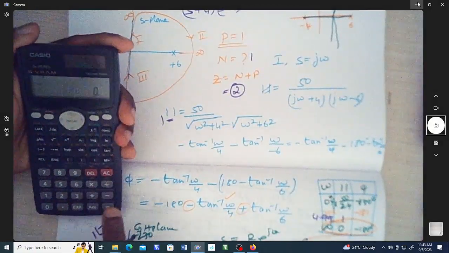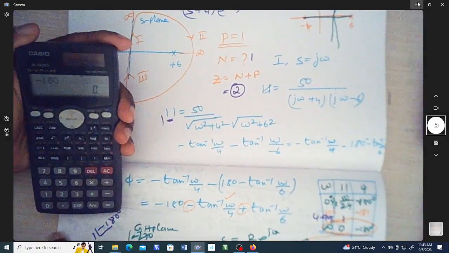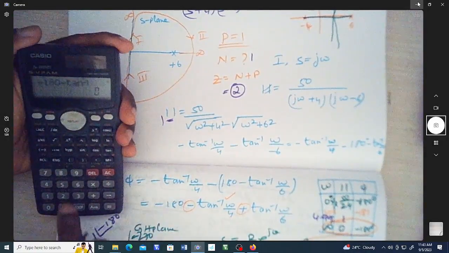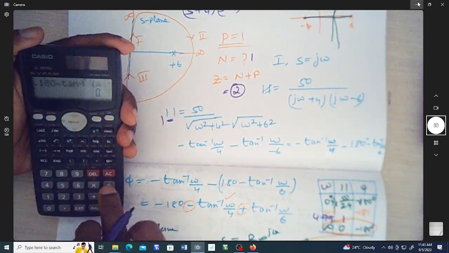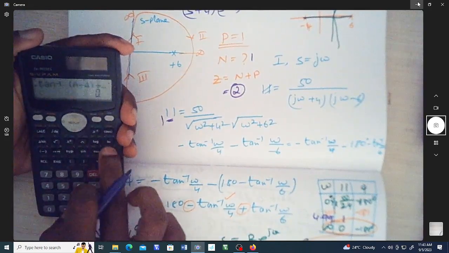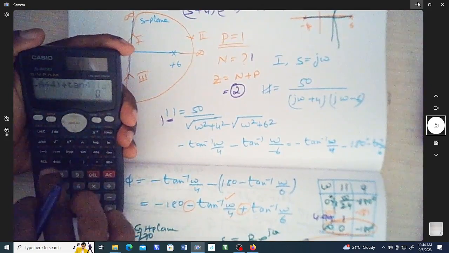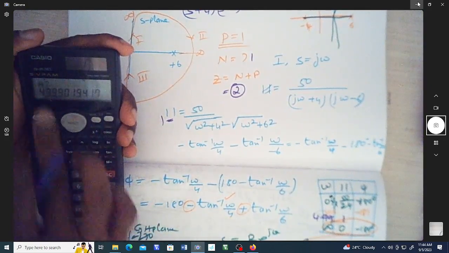This is minus 180 minus tan inverse of alpha a by 4, plus tan inverse of alpha a by 6. Calculate for this.